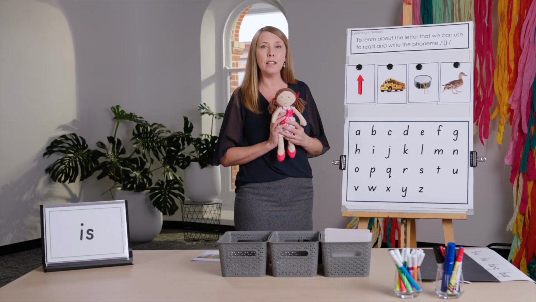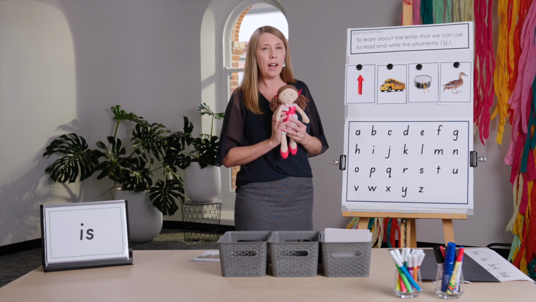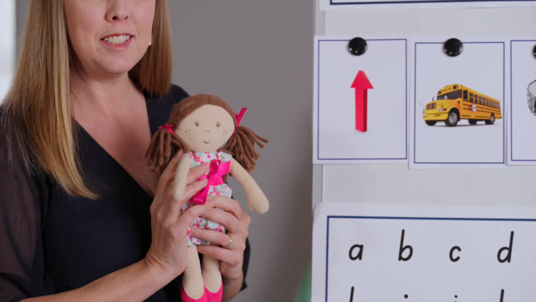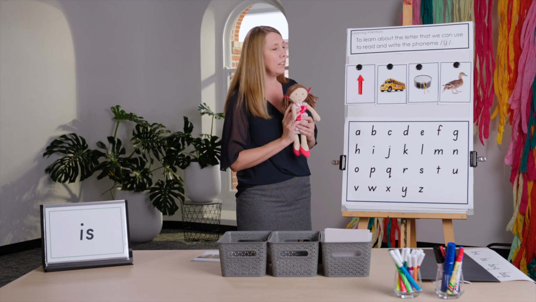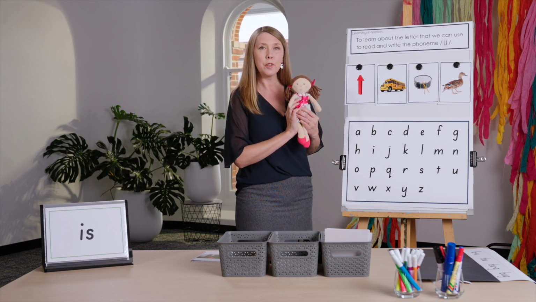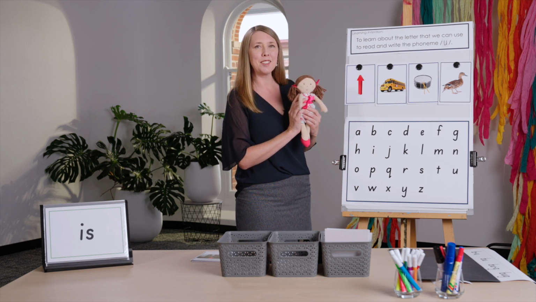Our next one is up. Up. Which one is it, Lucy? That was an easy one. It is up, up. Our next one is d-u-k. D-u-k. Which picture are you pointing to?